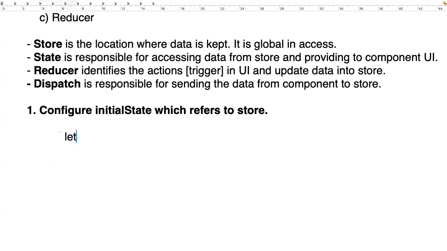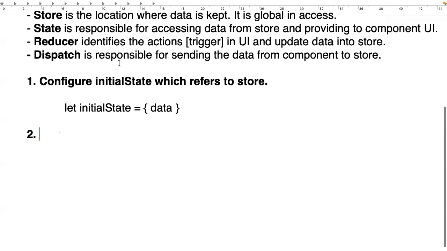Let initial state be equal to whatever data you want to store. You need to define an object with keys and values. We have to define the initial data, meaning what data you want to maintain globally.